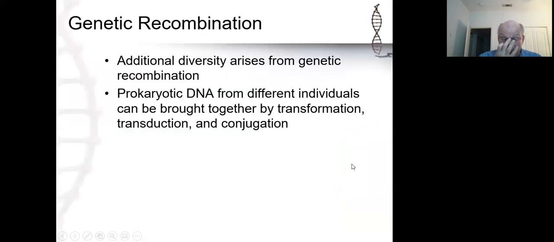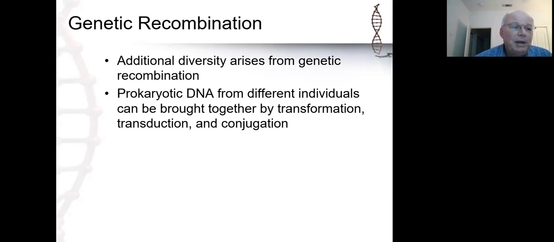So what type of genetic recombination do we have here? You can see the names of the three here: transformation, transduction, and conjugation. You may have already encountered transformation before, because this was discovered, and now I'm going to have a senior moment and forget the name of the physician who did this.